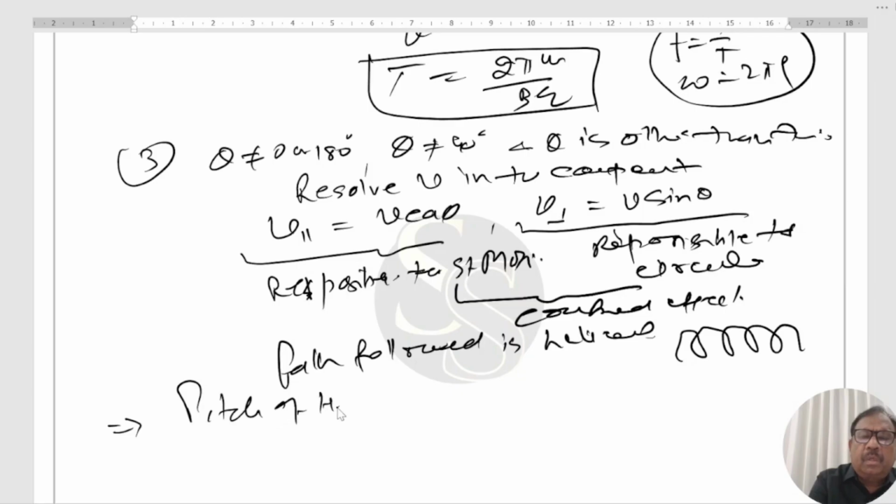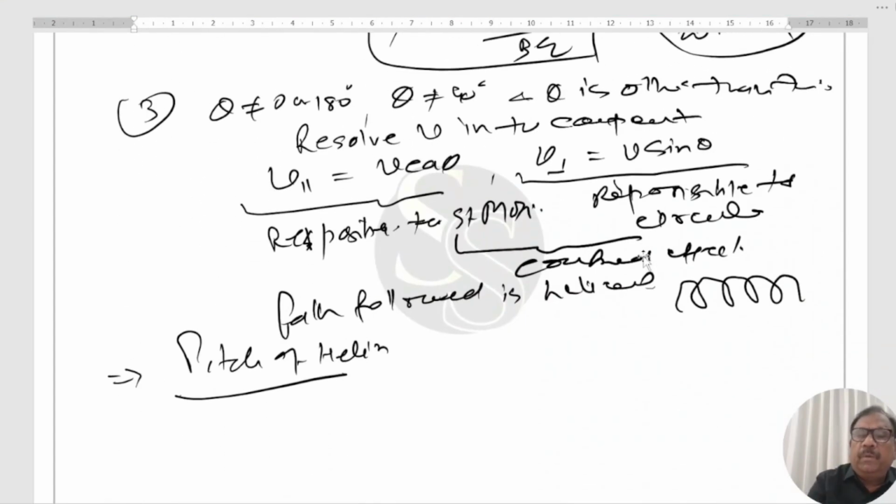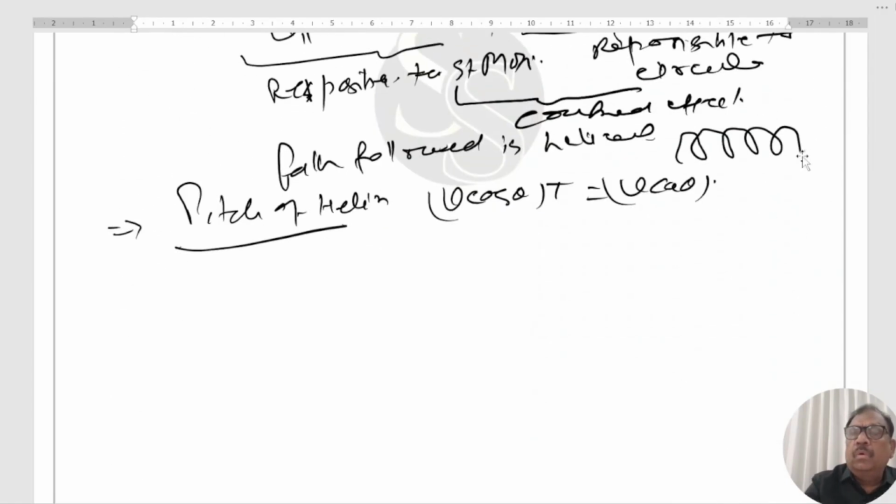One term in this case is the pitch of the helix. Pitch is the distance. Distance is given by the horizontal component of velocity, V cos theta, into time period. V cos theta into time period, which is 2 pi m by bq, so 2 pi m V cos theta by bq.